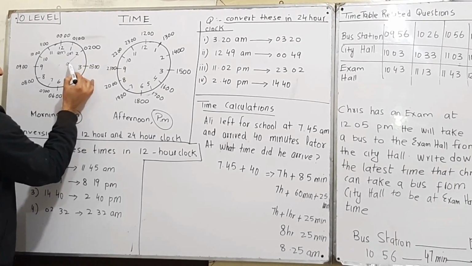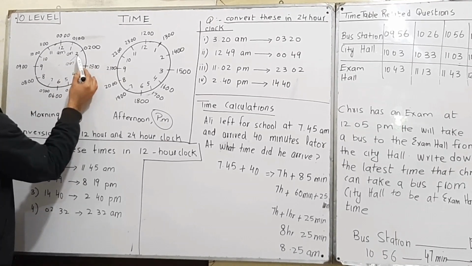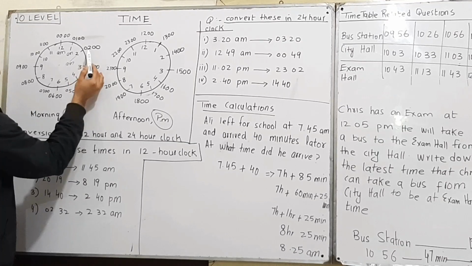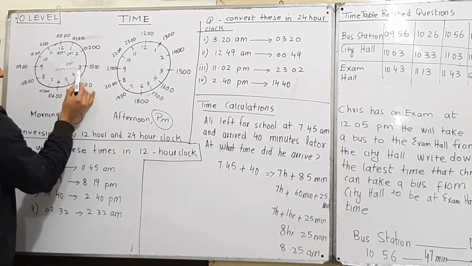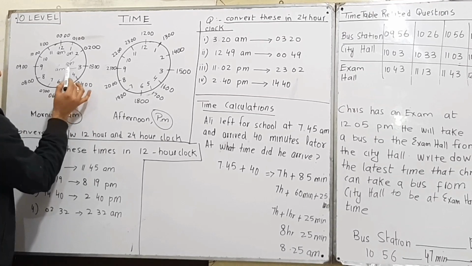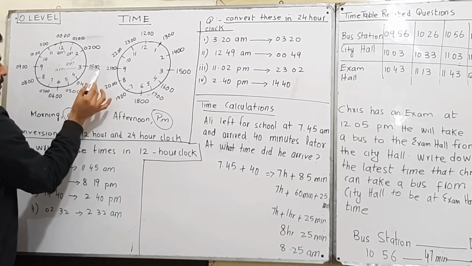For 2 AM, this is morning time, with the 12-hour clock you will use AM, with the 24-hour clock you will not use AM, it will be 0200. Similarly, 3 AM in 12 hours will be 0300 in 24 hours. We don't use AM in the 24-hour clock.